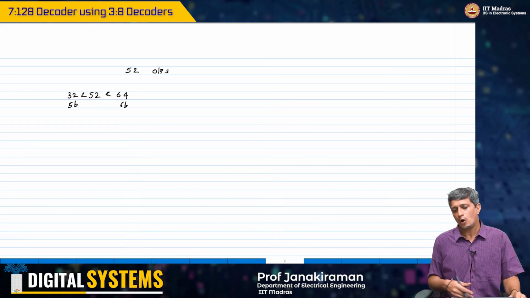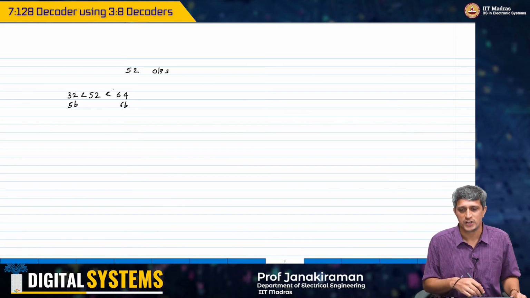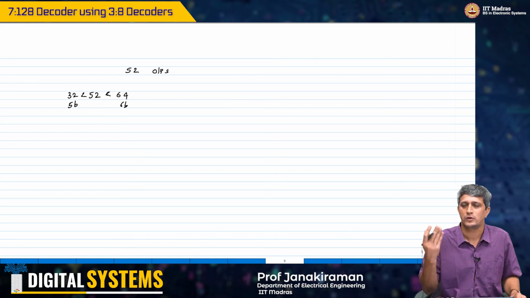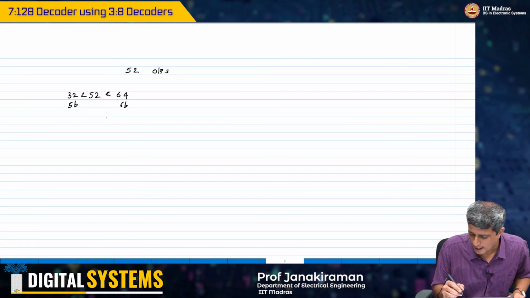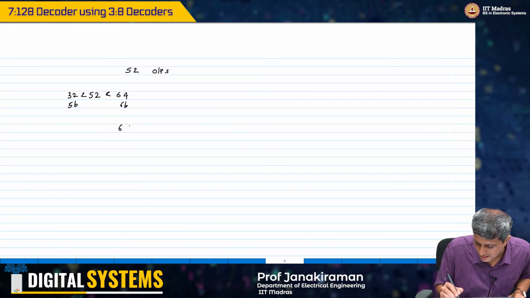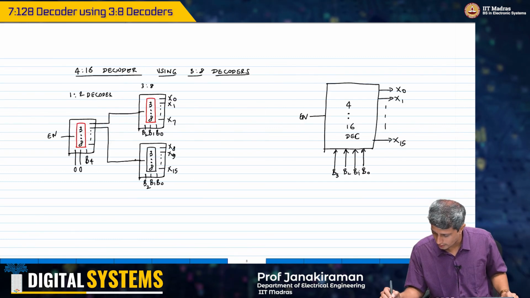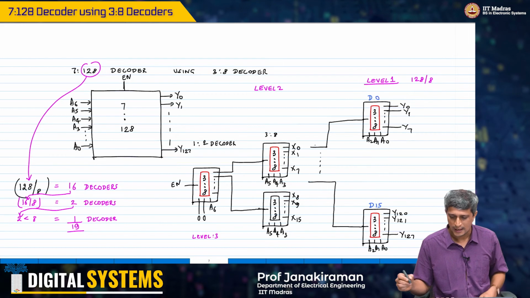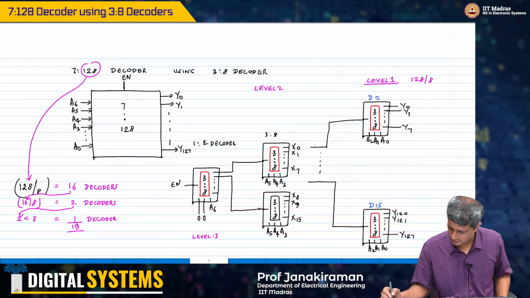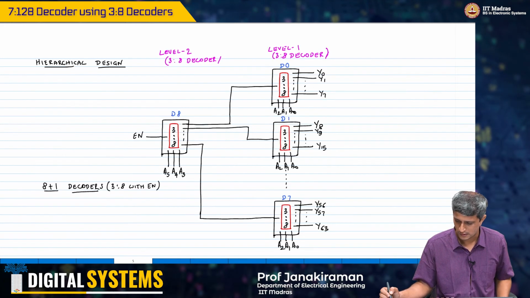Now, if you have to do this, then you pick a 6 bit decoder, and you know how to build a 6:64 decoder. We already saw that, so I will just go ahead and copy that in order to get this.